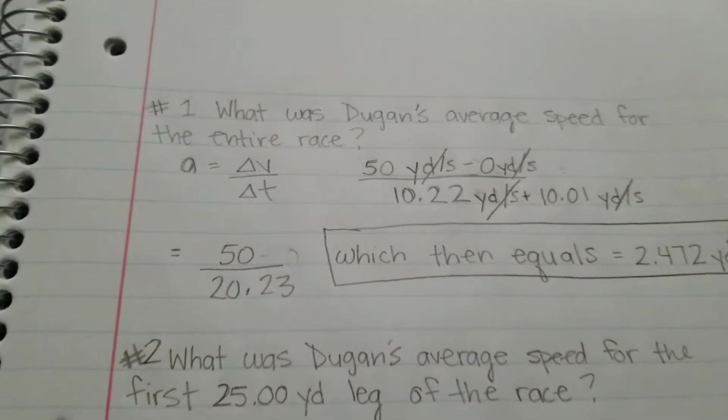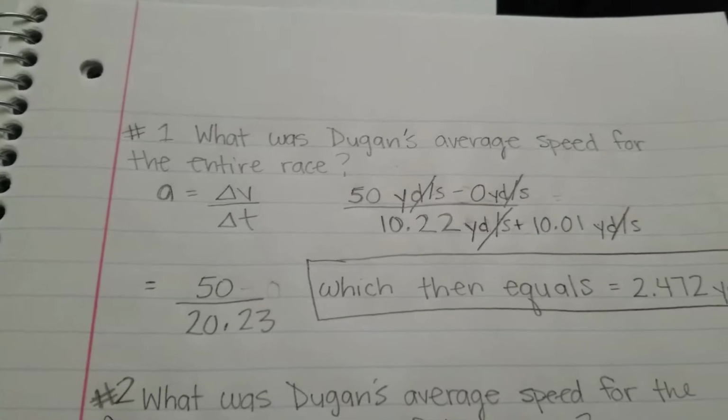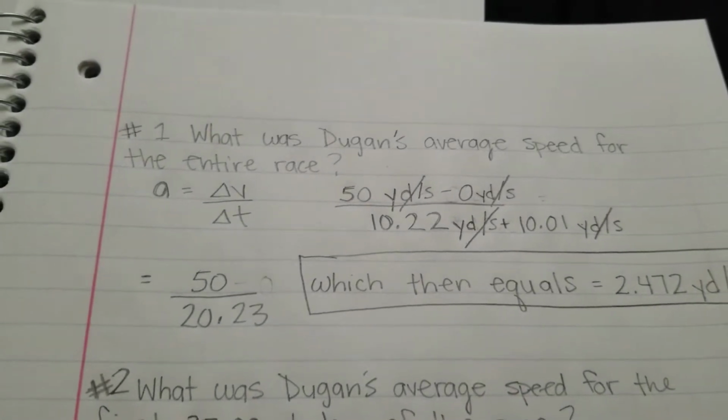So we first start with problem one, which stated what was Dugan's average speed for the entire race.